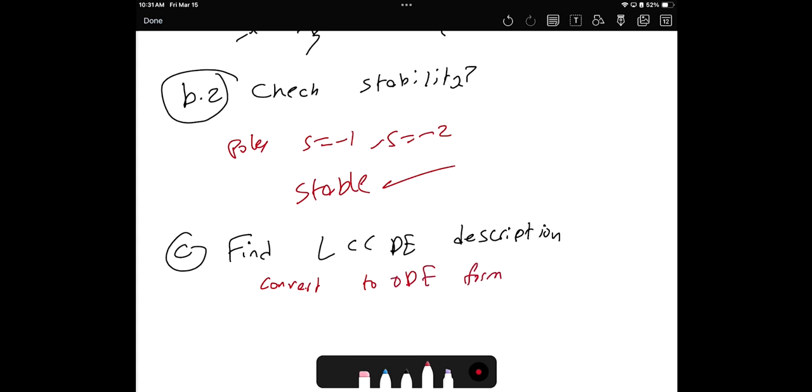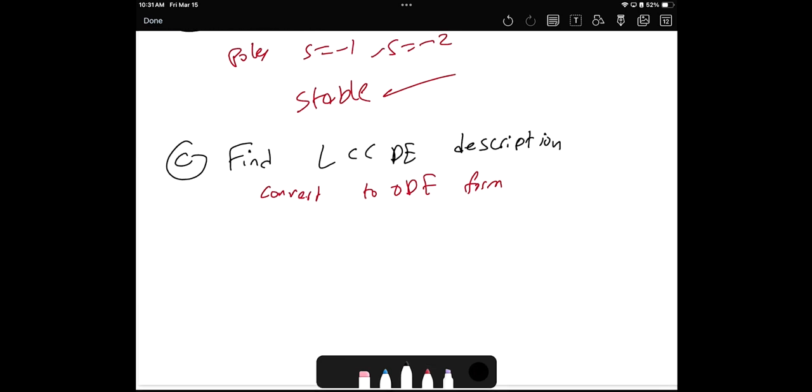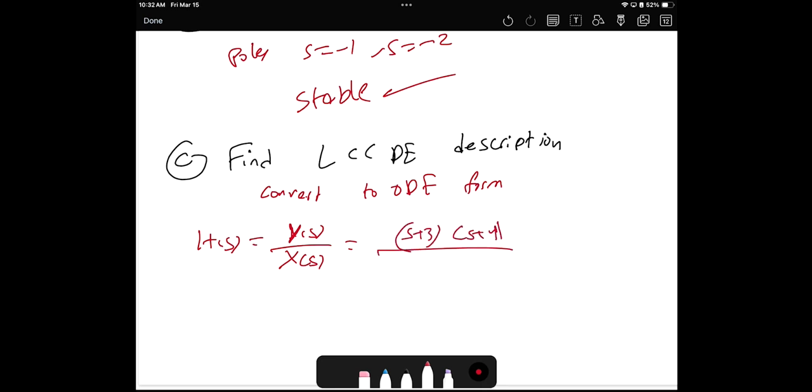Okay? How can I convert this? Basically, look at h of s, which will be y of s over x of s, which is going to be s plus 3 times s plus 4 divided by s plus 1 times s plus 2.